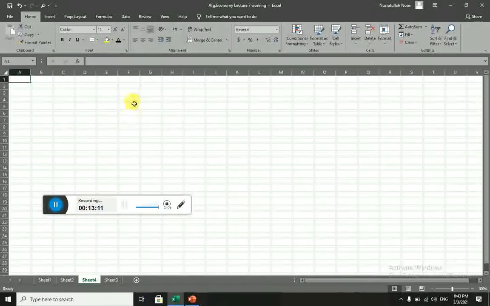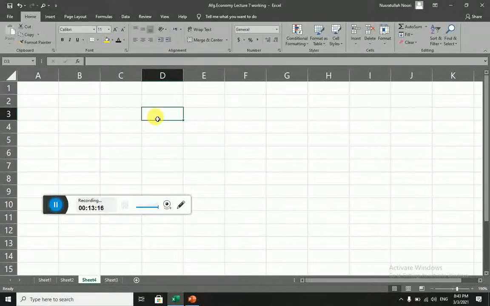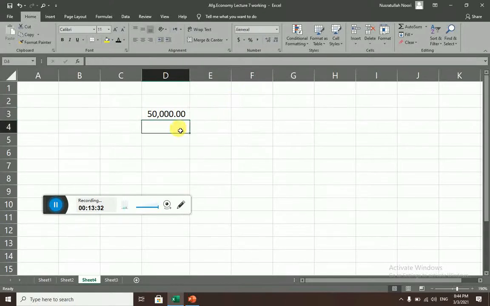So for example, let's say we have announced a bonus to Ahmad. We are to pay a bonus of, suppose, 50,000. It's a bonus and we want to pay it to someone. So by law, before making this payment, we have to withhold 20% tax. So how to calculate that? Very easy. We'll say 50,000 multiplied by 20%, which is 10,000.